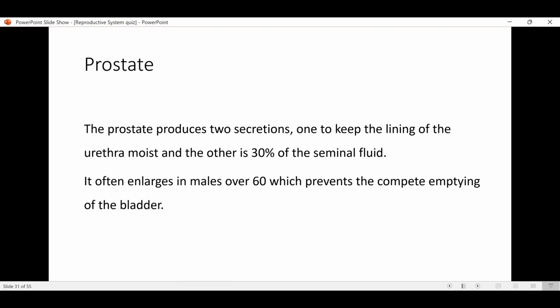One is part of the seminal fluid, and the other is to keep the urethra moist, and it often enlarges in males over 60, and it prevents complete emptying of the bladder. So when the prostate is pressing on the urethra, the man will stand, try and wee, and he just can't. It takes a while to push it through.